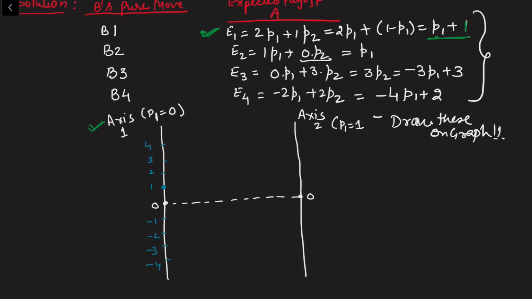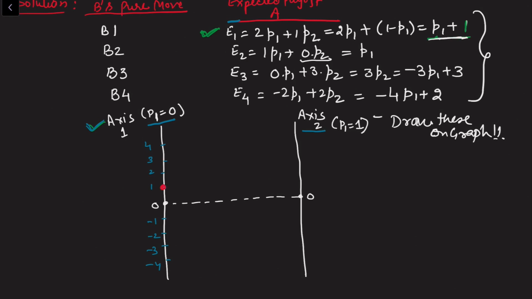So what I'm doing: axis 1 depicts the expected payoff whenever P1 is 0. Axis 2 depicts the expected payoff whenever P1 is equal to 1. In the first case, we have considered P1 equal to 0. If P1 is 0, the expected payoff is 1, so it is here at this point.